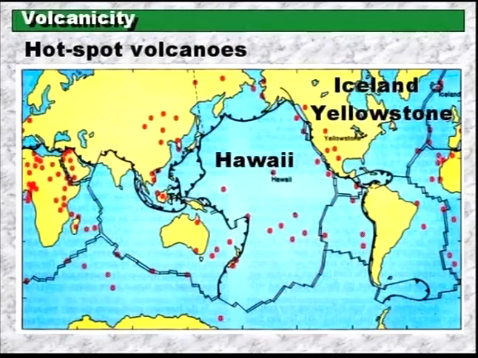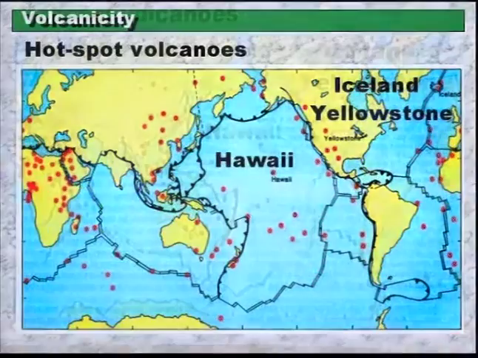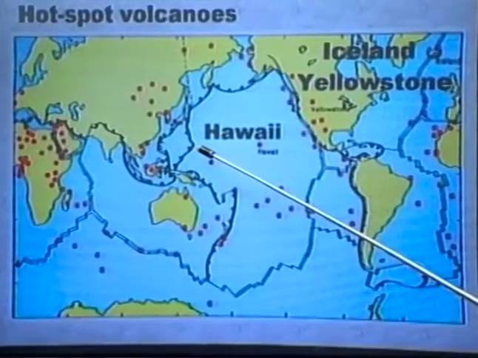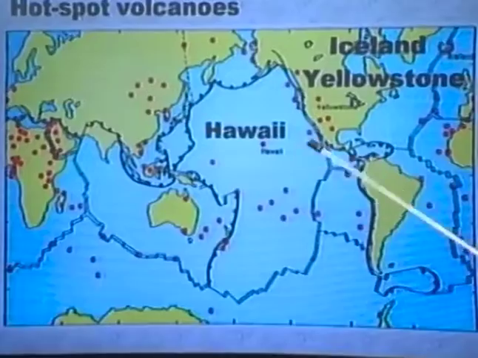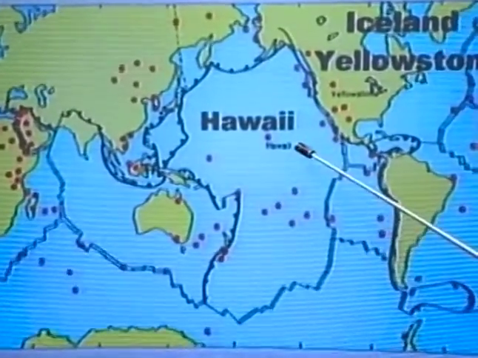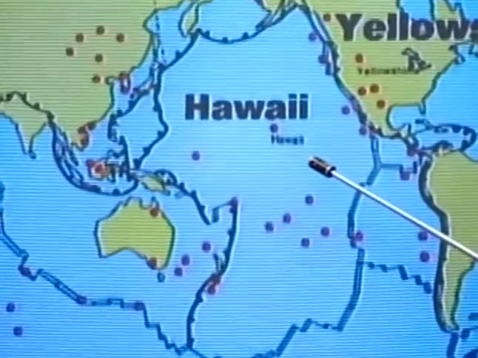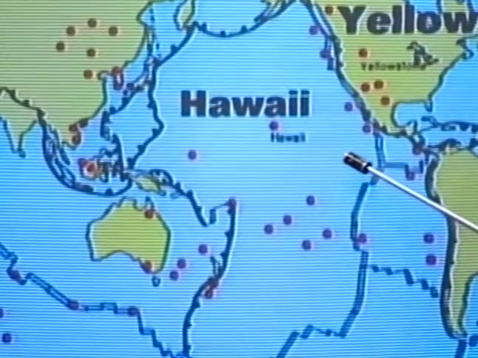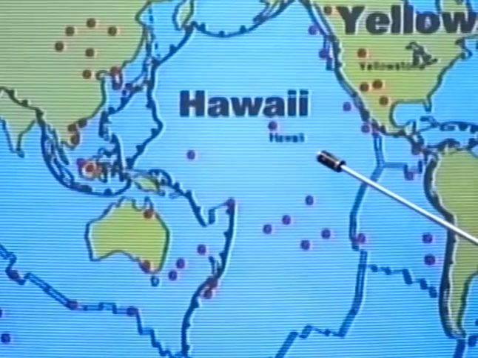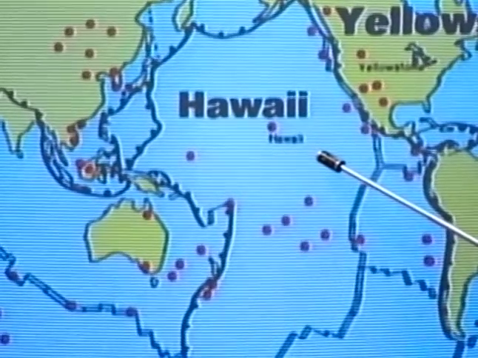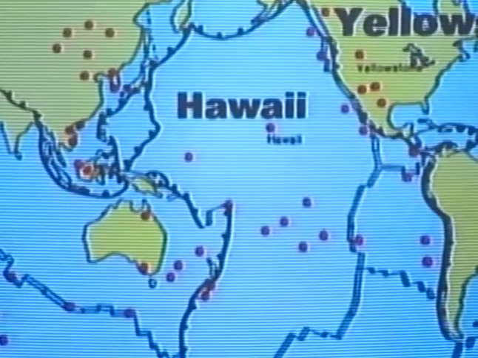In the case of Hawaii, see the location of Hawaii here. It is right in the middle of the Pacific plate. So it is not on the edge for us to say that being at the plate boundary has created the formation of the volcanoes. Rather, Hawaii, with its volcanoes, is in the middle of the Pacific plate. The explanation of how this is possible, we owe it to hotspots.